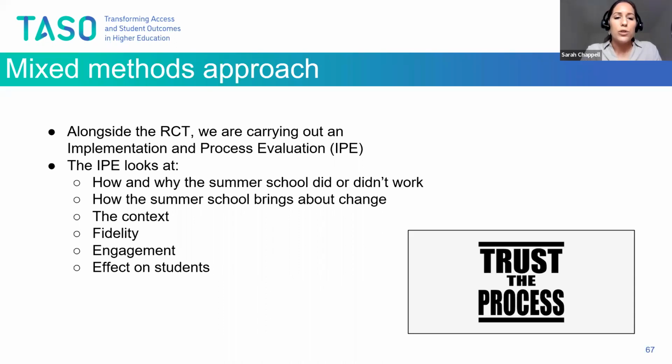And just really delve into the context of COVID, for example, what made them apply to the summer school, how did they find it online in the context of COVID, how their decisions have been impacted in the future because of that. So the IPE gives us a lot more information that we can use alongside the RCT to produce a more robust report which covers all of these elements.